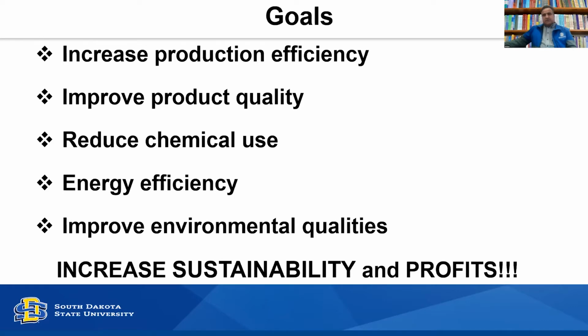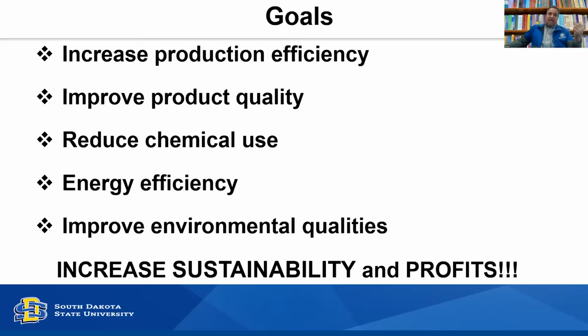Goals. I would say the goal is to increase sustainability and, of course, the profits. But during this process, we would increase the production efficiency. By doing that, we increase the sustainability and profit, and improve product quality.